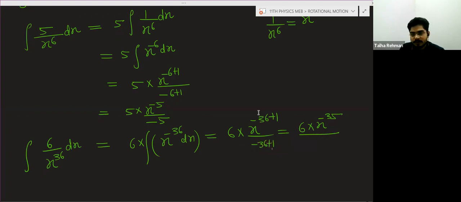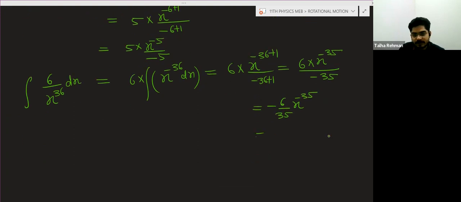The term in the power, you will write in the denominator, and it will be minus 35. So what will be your answer? Minus 6 by 35 x to the power minus 35, and you can write this as 6 by 35, with x to the power 35 in the denominator.